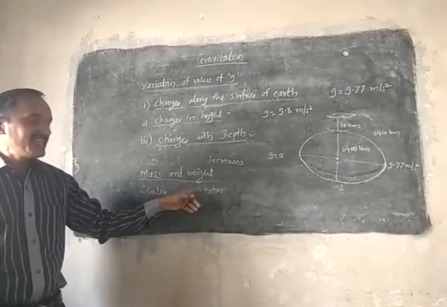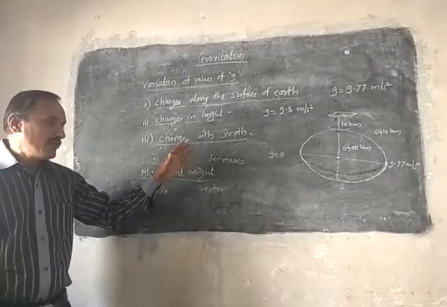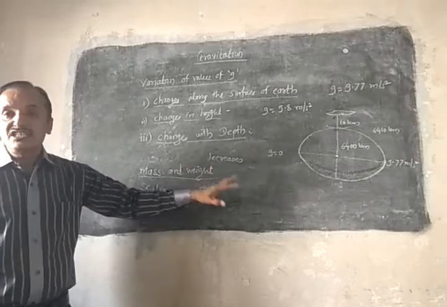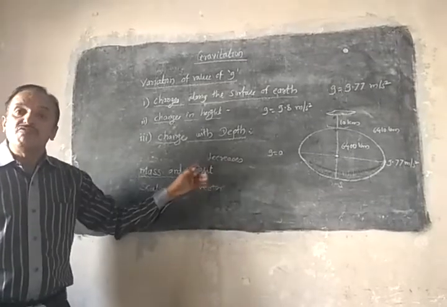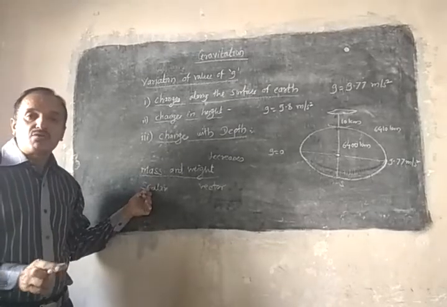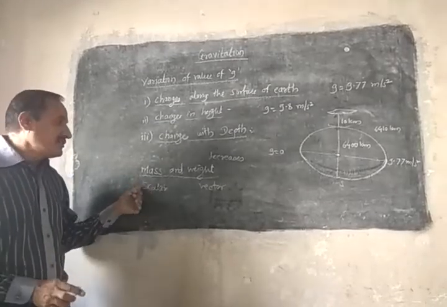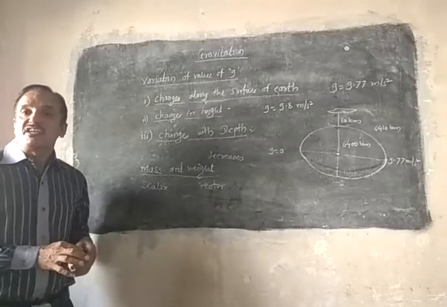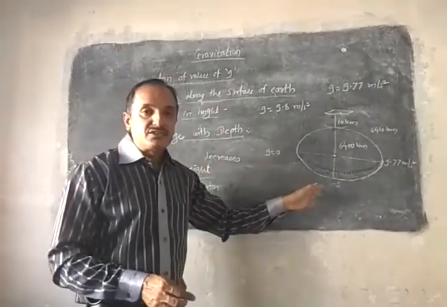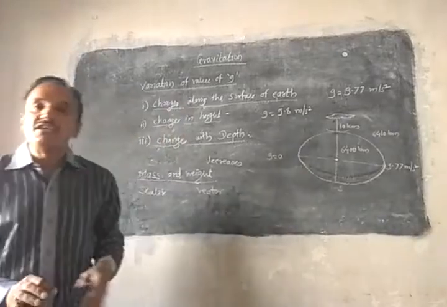Which force is it? Gravitational force. So weight is nothing but the gravitational force which acts on the object, that is called weight. Mass is a scalar quantity, the quantity of matter contained in it. When we say 10 kg, 10 kg is the mass, not the weight.